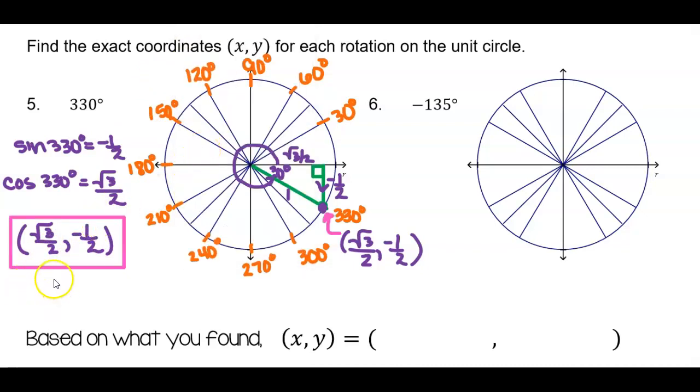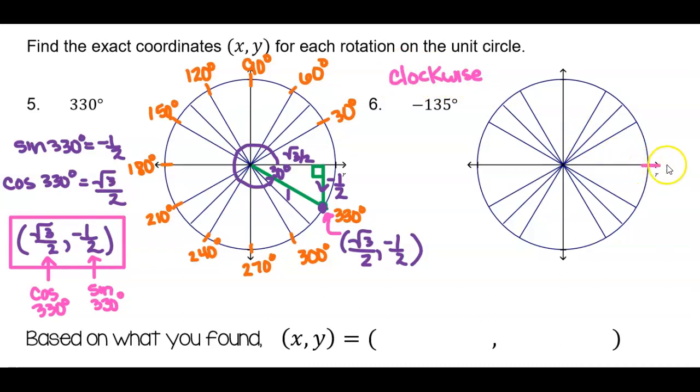Okay, so just a reminder, this is your cosine of 330, and this is your sine of 330 degrees. So let's look at our last example. They're asking you to find the coordinates for a rotation of negative 135 degrees. So when you see this negative, it should clue you in that you are going to be going clockwise on this rotation.